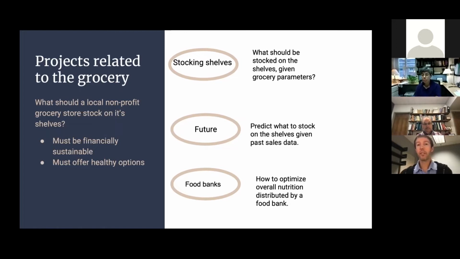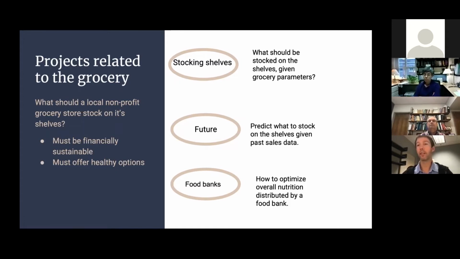The project you see on top, we call stocking the shelves, and that's broadly construed. We focused on produce for that project, and the math students in Zahia's course were the ones that came up with the actual mathematical model. They were trying to take parameters given from the grocery, like how big the shelves are, how much space you have for cold stuff, how much frozen space, and the layout of the grocery, and take those as inputs.